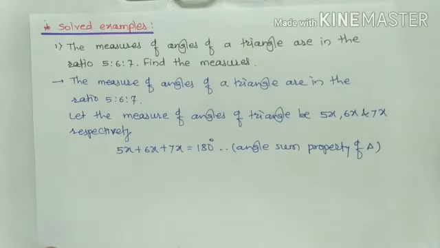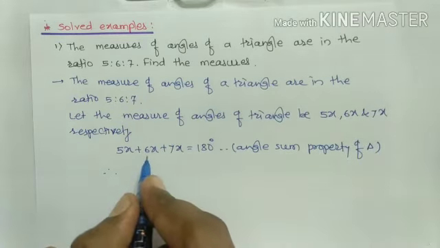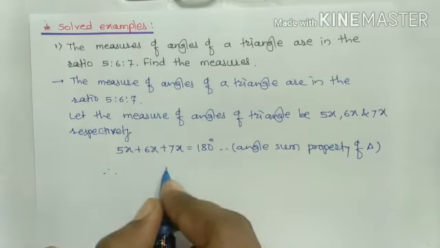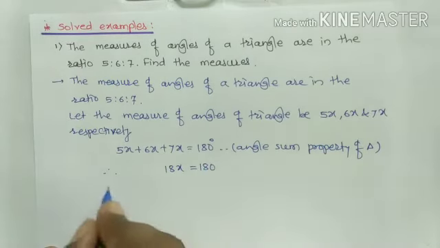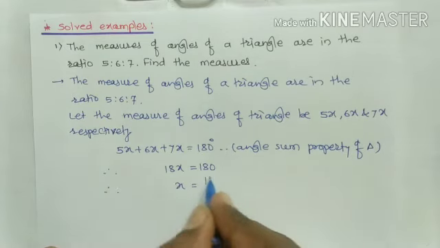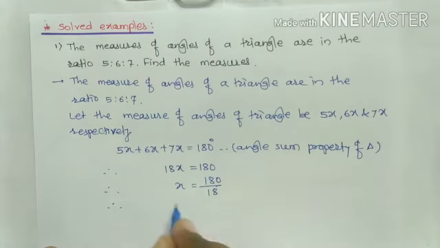of triangle. And therefore 5 plus 6 is 11, 11 plus 7 is 18, so 18x equals 180 degrees. Therefore x equals 180 upon 18. Therefore x equals 10.